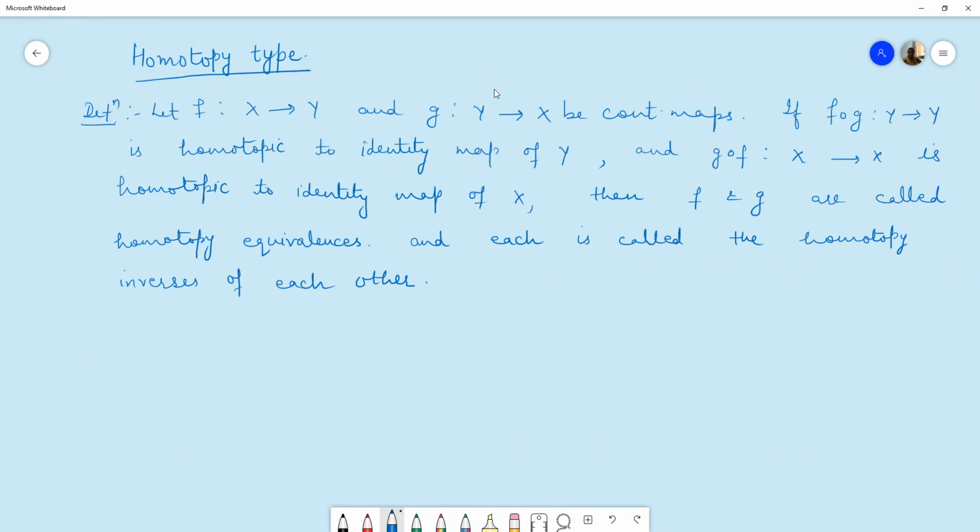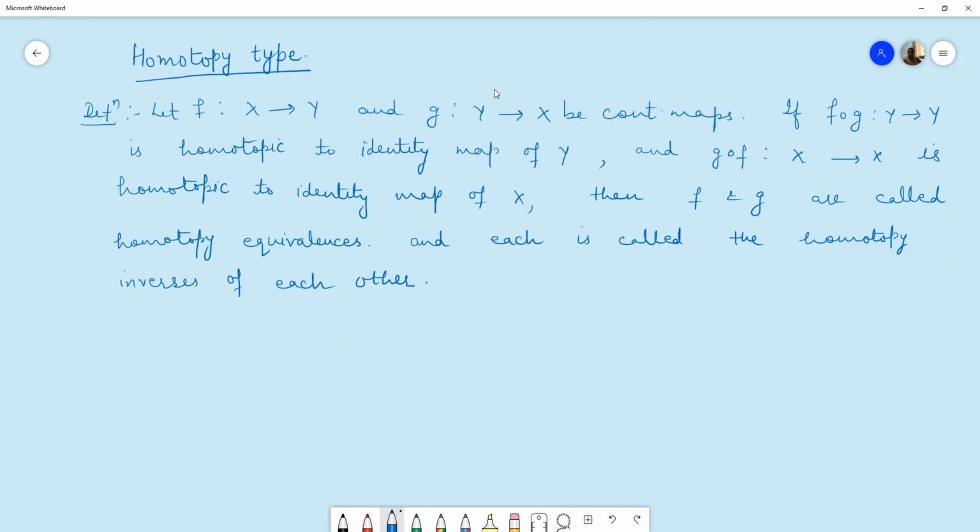Now this homotopy equivalence is basically an equivalence relation. If we take f from X to Y, which is a homotopy equivalence of X with Y, which means for the mapping f from X to Y, there exists some mapping f dash from Y to X, which is a homotopy inverse of f.